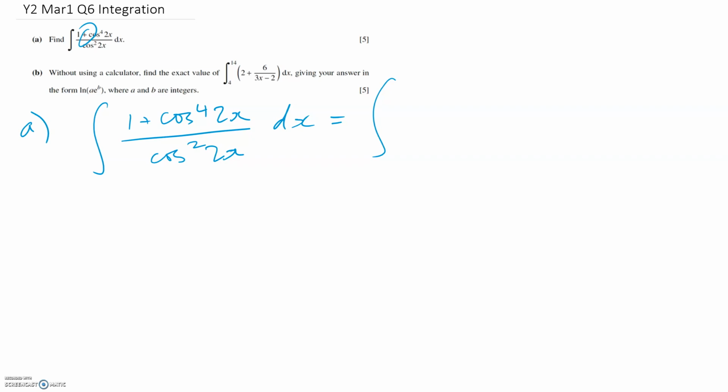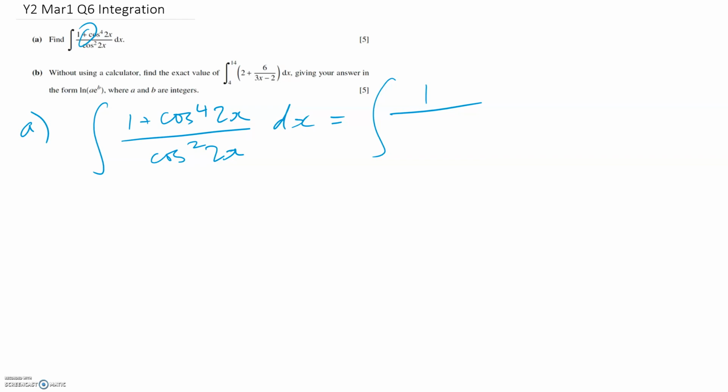The reason that's helpful is because we're going to then get a sec squared, and it's in the formula book, but the integral of sec squared x is tan x, which makes sec squared very easy to integrate.